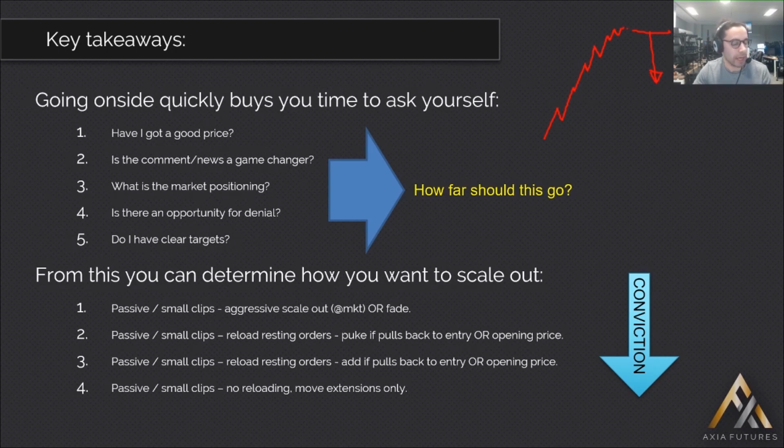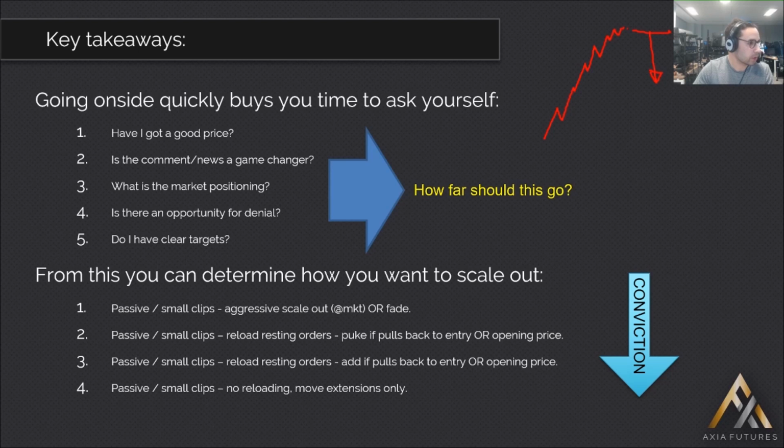So even if you're not executing on these comments or you miss a comment, really try to pay attention to how the market reacted to it, because it can give you some insight into where we want to trade on maybe a higher time scale, and some bigger participants might be getting involved.